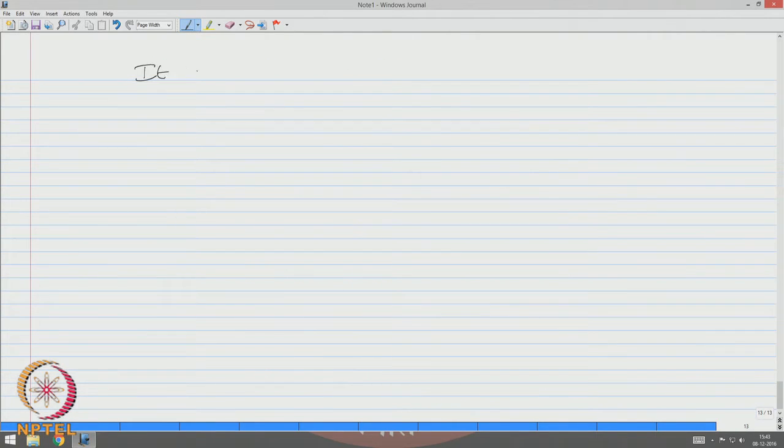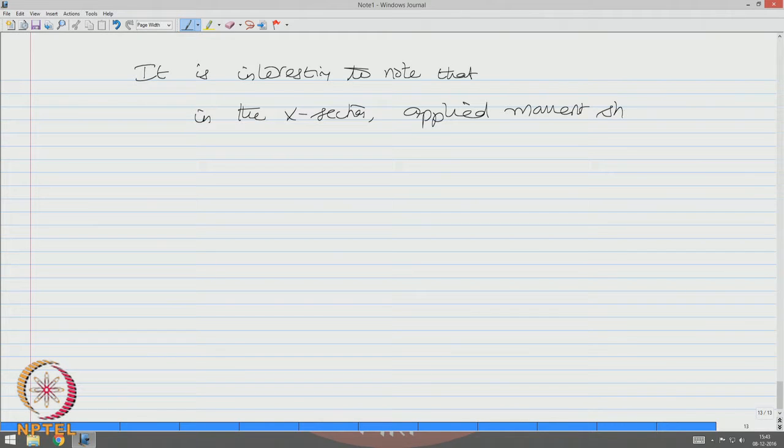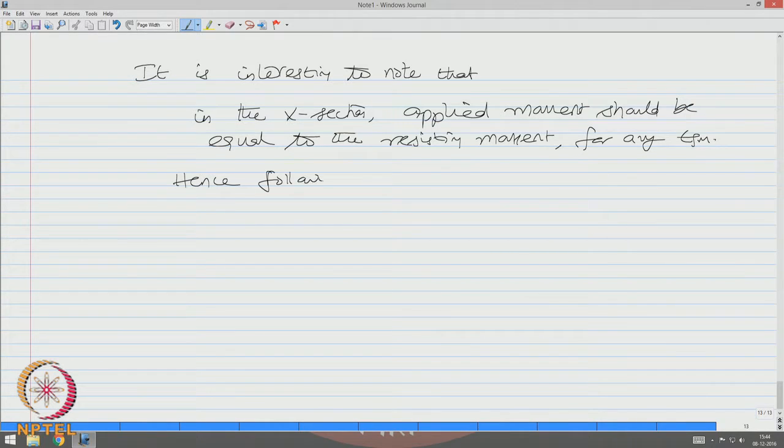It is very interesting to note that in the cross section, the applied moment should be equal to the resisting moment for any equilibrium, hence the following condition applies. Integral of sigma dA into y for the area A should be actually equal to M, equation number 10.